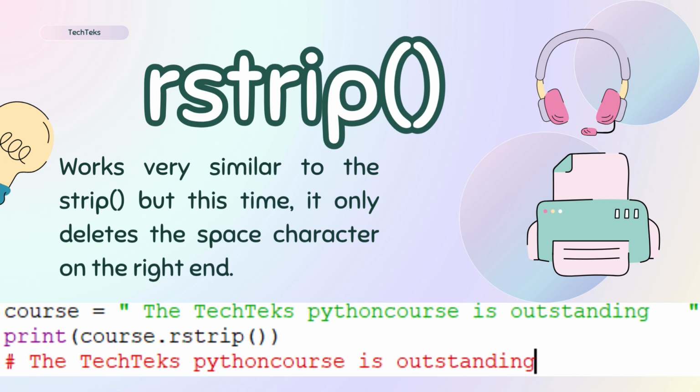In the output, using course.rstrip, don't forget the parentheses, it just removes the last white spaces. It keeps the first one. So what we get is a space, the Techteks Python course is outstanding, and then it deletes the last couple of white spaces.